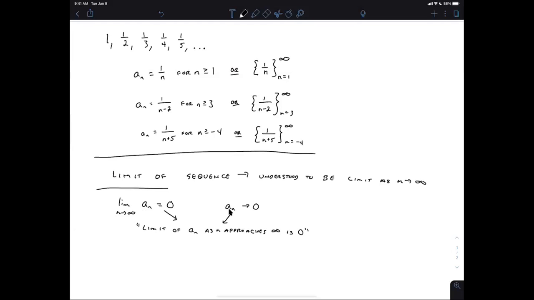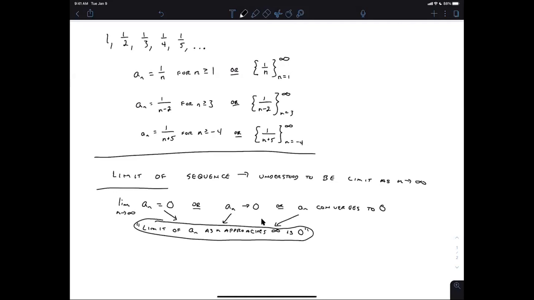You can also write a_n converges to 0, and that means exactly that same sentence. All three of those statements mean exactly the same thing.